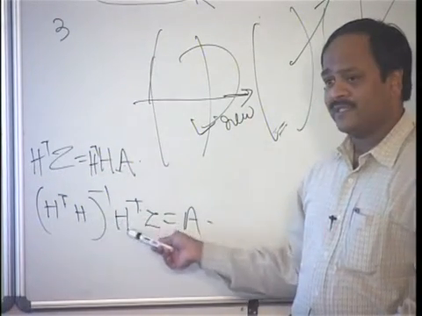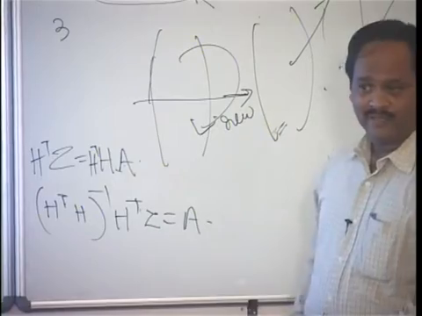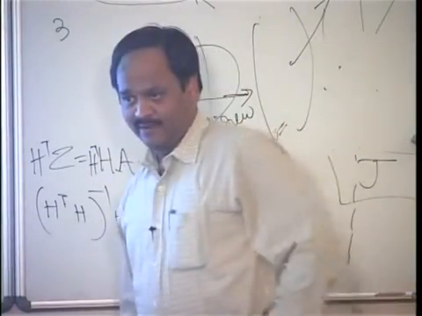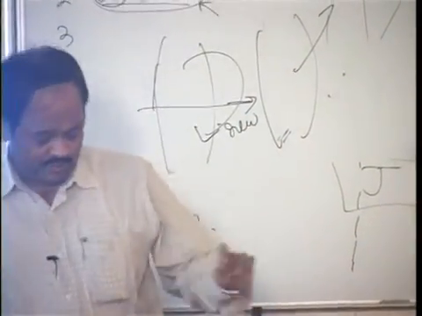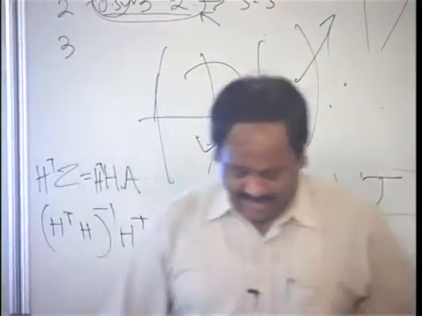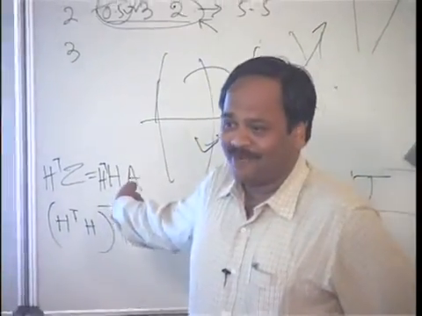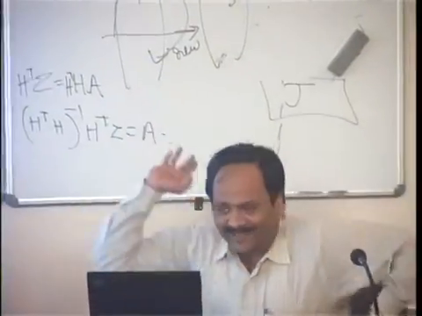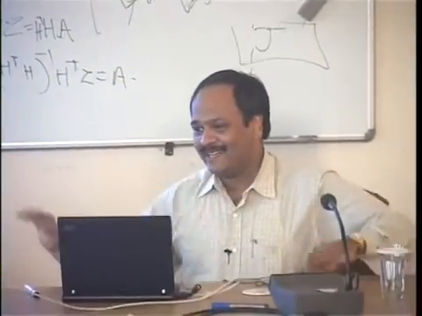So this inverse, this into Z, is equal to A. This is called least squares. Okay, actually the proof is not as simple as what I have done here; a lot of other things are there. But this is a way you can understand the thing.